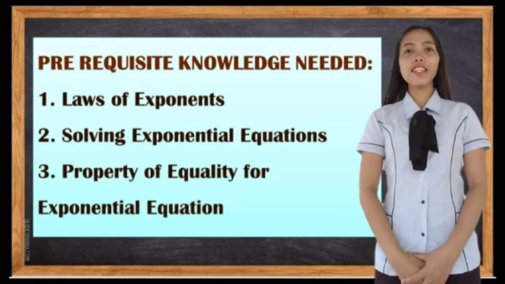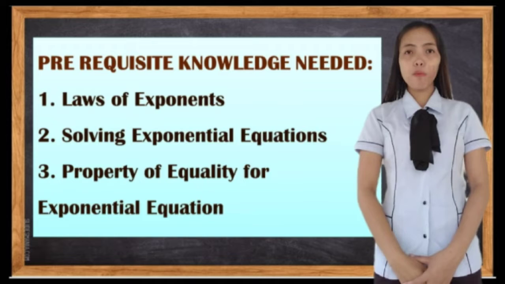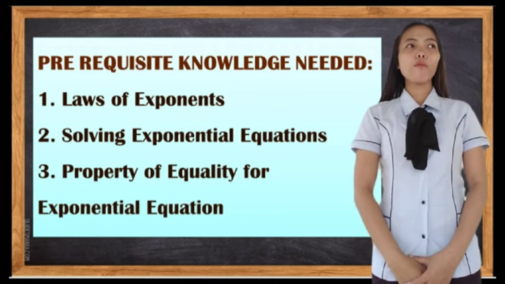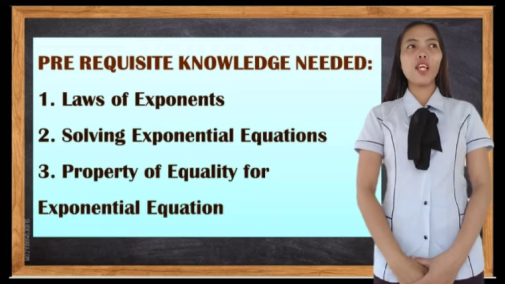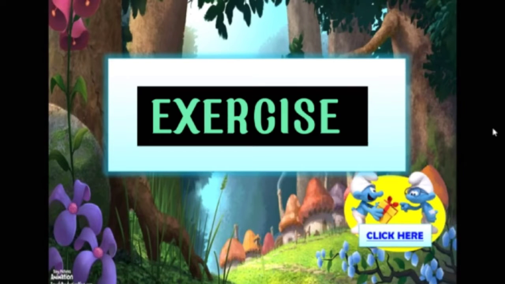And the prerequisite knowledge needed for this lesson is laws of exponent, solving exponential equations, property of equality for exponential equation. And to start our discussion today, first, let's loosen up ourselves as we play my prepared games.